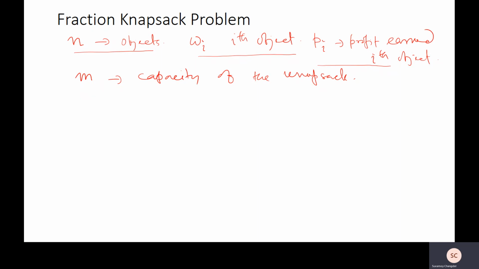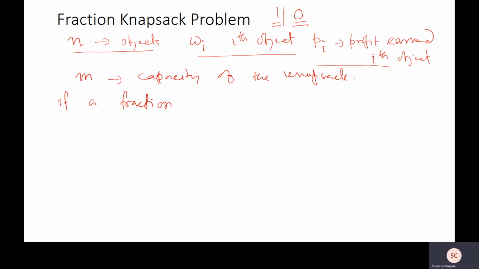In 0 1, either you have to select the object as a whole, or you will not be able to select the object. So either you select one, that is the full object, or you do not select it, that is the 0 1 knapsack problem.